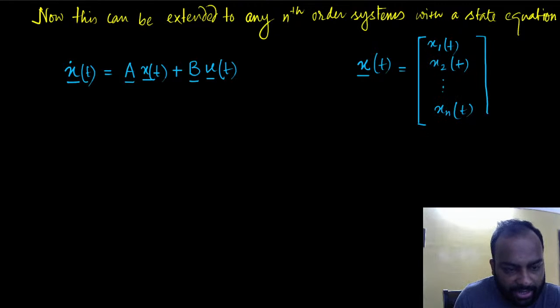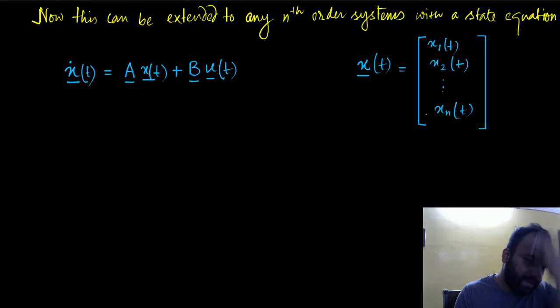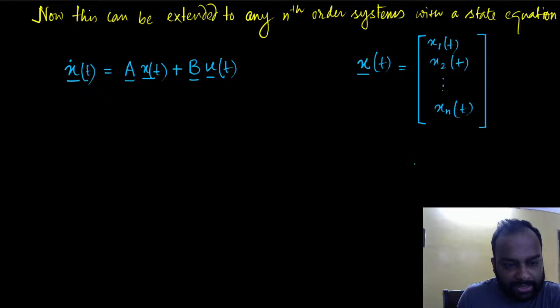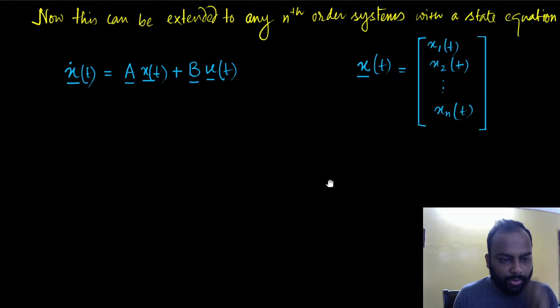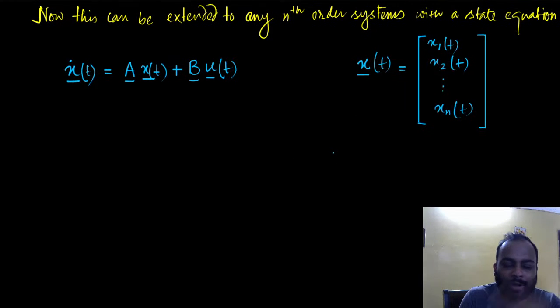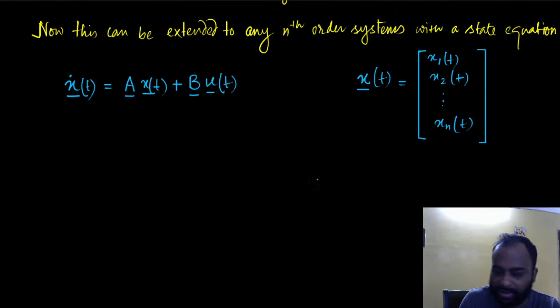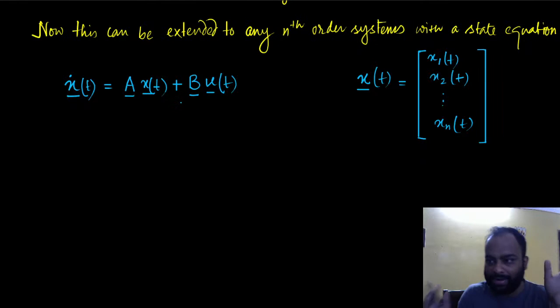So if I have a third order system, I would have up to x3. If I have a 10th order system, I would have up to x10, right? And the time derivative of this state vector would just include all the derivatives instead of the individual values. I believe you already know that. And the input is again the input vector, so u1, u2, u3, etc. So we are considering a multiple input, multiple output system, and A and B are constant matrices, right?